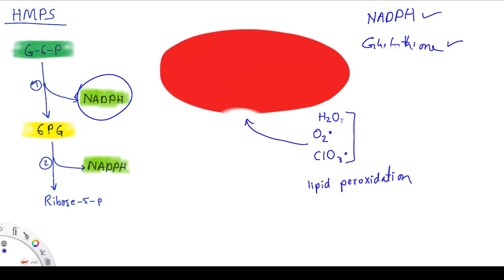The reduced form is what can protect against free radicals, but you need NADPH to reduce glutathione. The oxidized form cannot help. So if you don't have NADPH, all glutathione will exist in what form? The oxidized form. They cannot protect you.